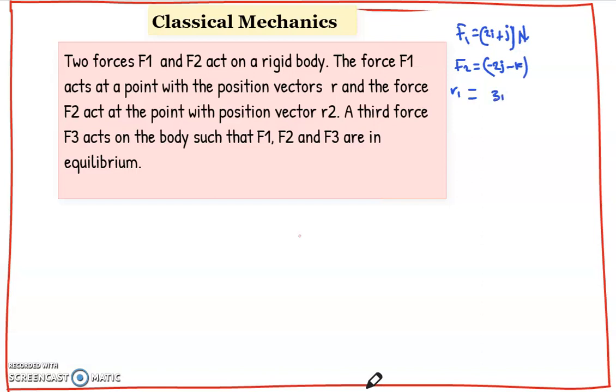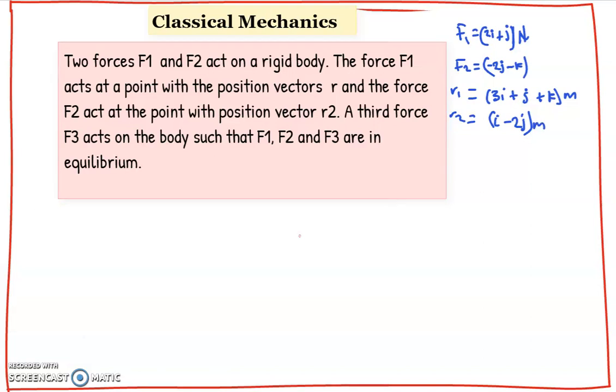This is R1, in meters. The next information we need is that the force F2 acts at the point with position vector R2. R2 is given as i minus 2j. So these are the information that we need in order to answer these questions.